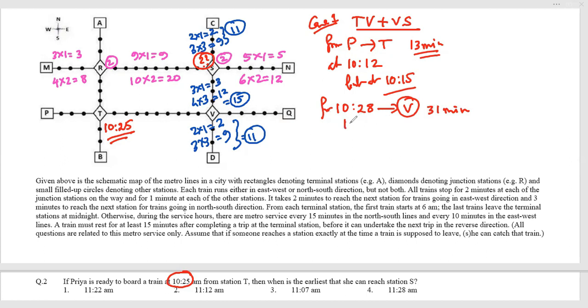So basically at 10:59, reaching at V, leaving V, that is the earliest. But the train leaves from D, reaching at V, it would take how much extra time? 13 minutes extra. 13 minutes, if you subtract from here.